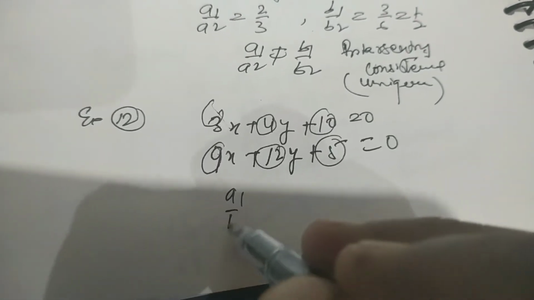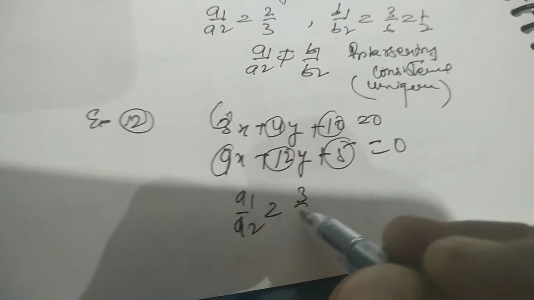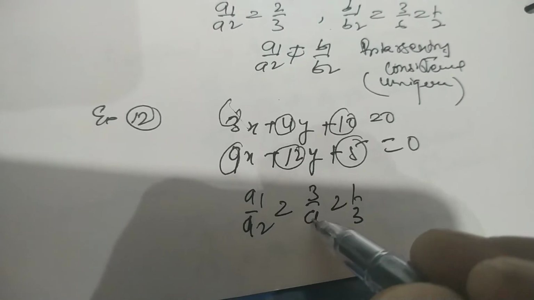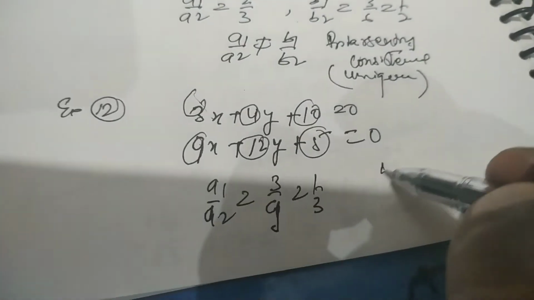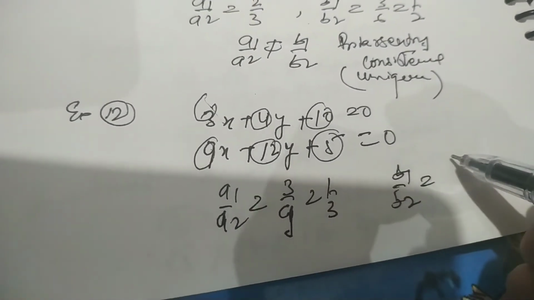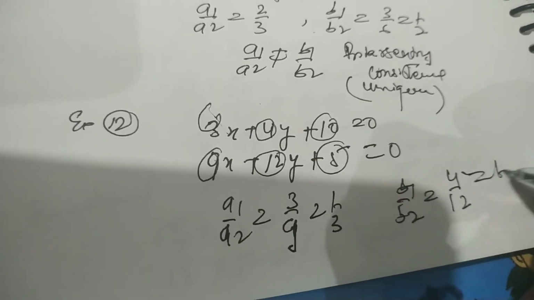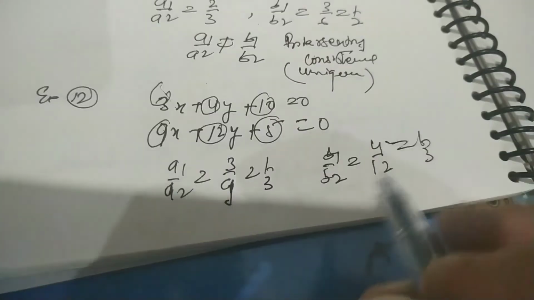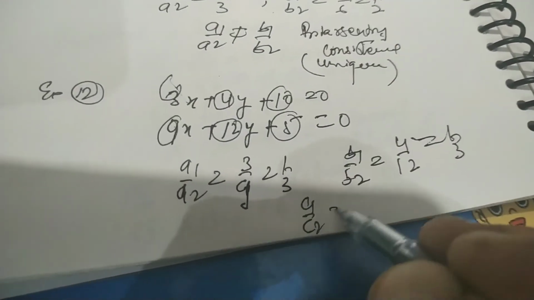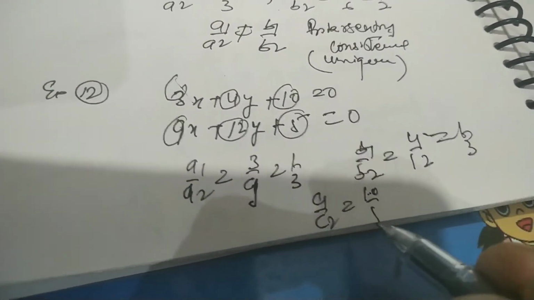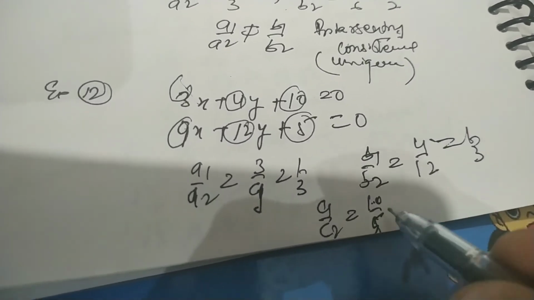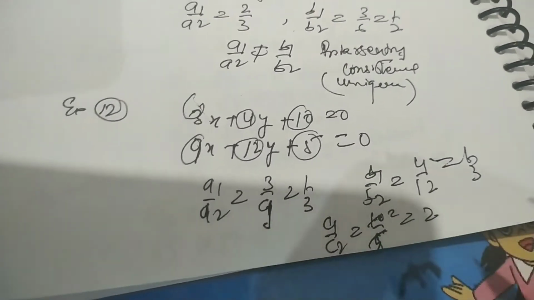Let's check: a1/a2 is equal to 3/9, which is 1/3, and b1/b2 is equal to 4/12, again 1/3, and c1/c2 is equal to 10/5, which is 2.